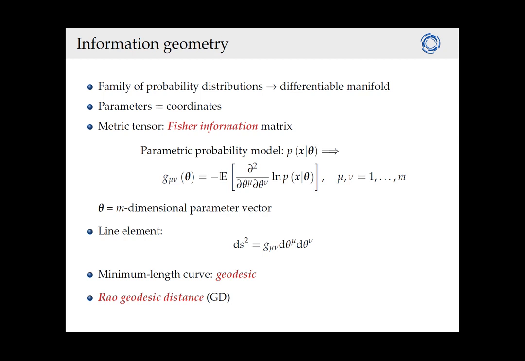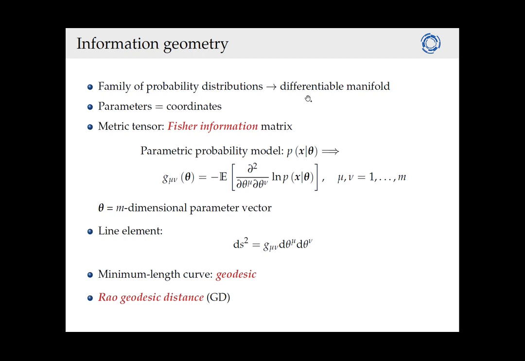So we could think of this as a surface, if in 2 dimensions, a curved surface, or a curved space in multiple dimensions. And in information geometry, the parameters of the probability distribution are going to be the coordinates on that differentiable manifold. For instance, the mean and the standard deviation form coordinates on the Gaussian family of probability distributions.